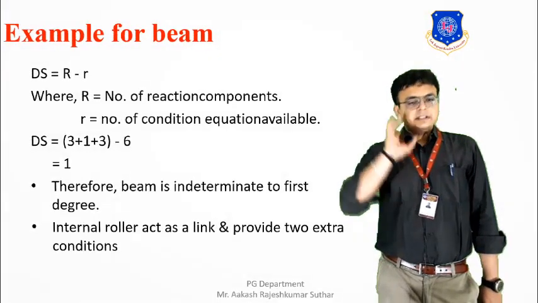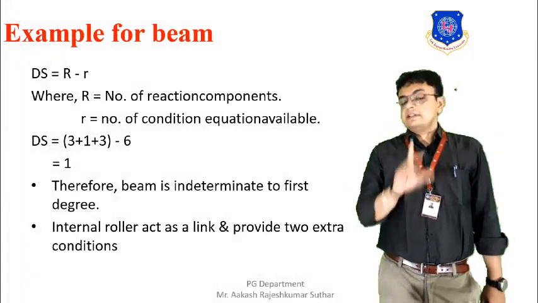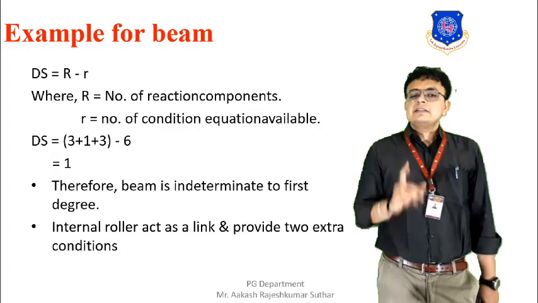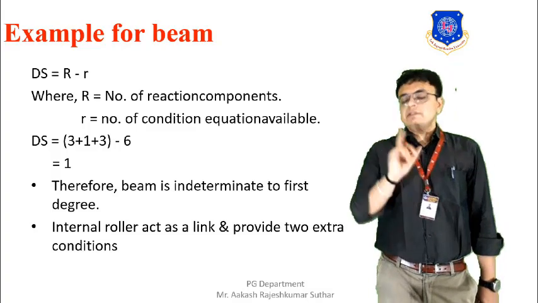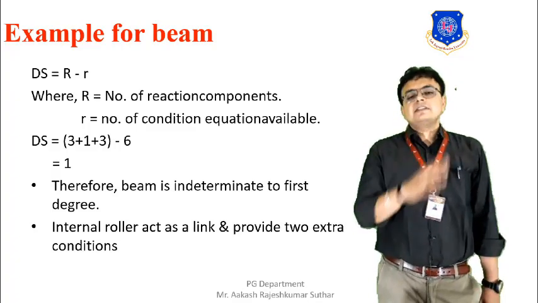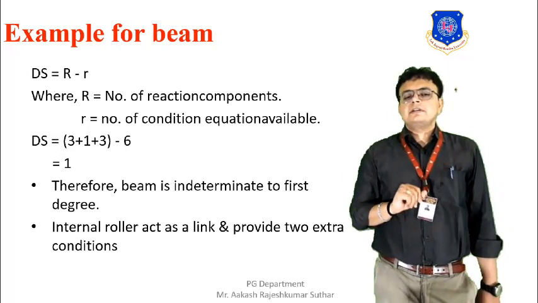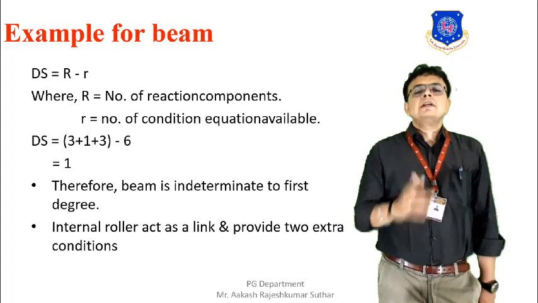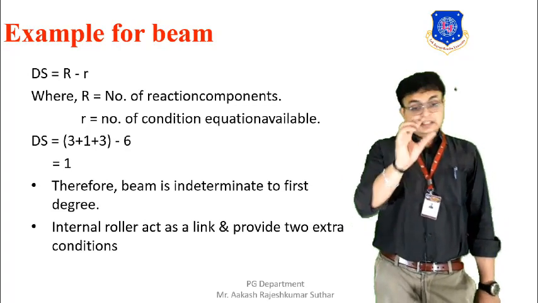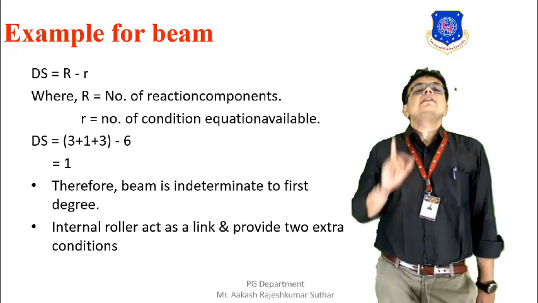So Ds will be equal to 3 plus 1 plus 3, that is 7, the total reactions available from the figure, minus the number of condition equations available, that is 6. After solving this addition and subtraction, finally the degree of static indeterminacy that we get for this beam is 1. Based on that, we can say that the given beam is an indeterminate beam to the first degree.